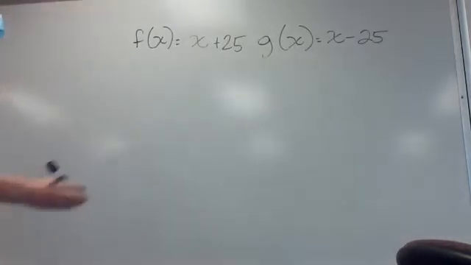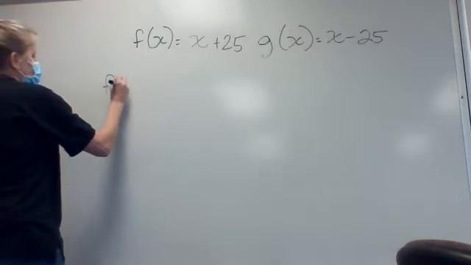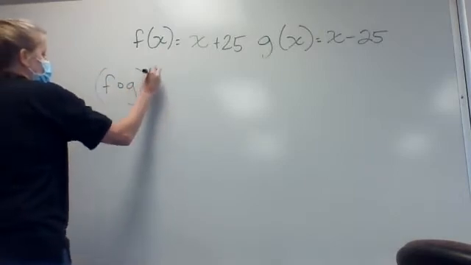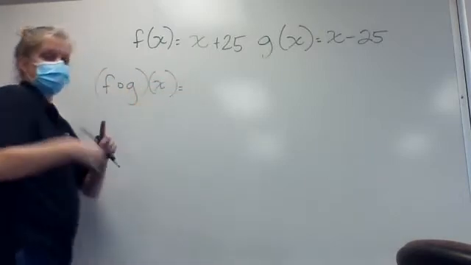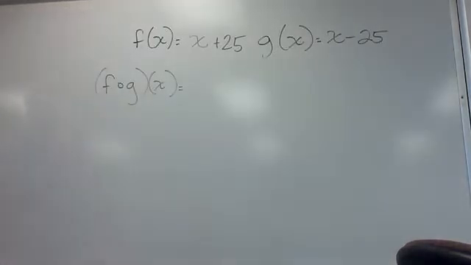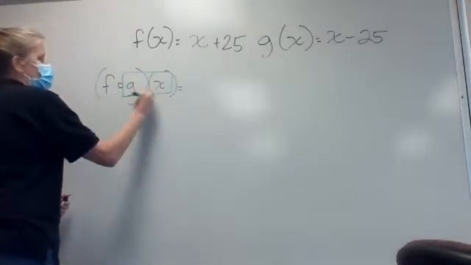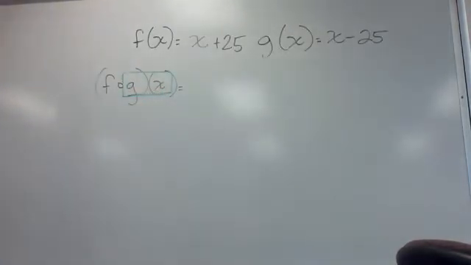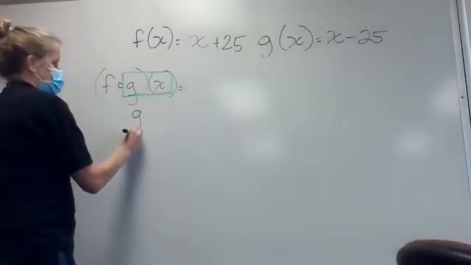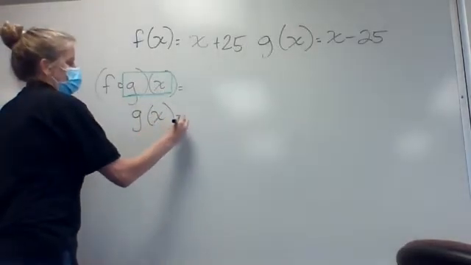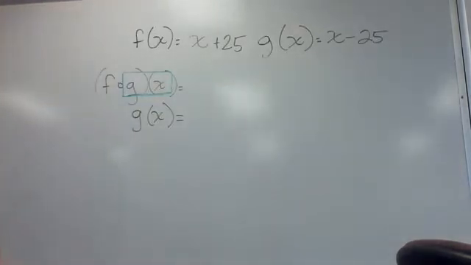And I'm finding f of g of x. I'm going to find it the other way around too, but let's do this one first. Just like the previous three problems, you find g of x first.